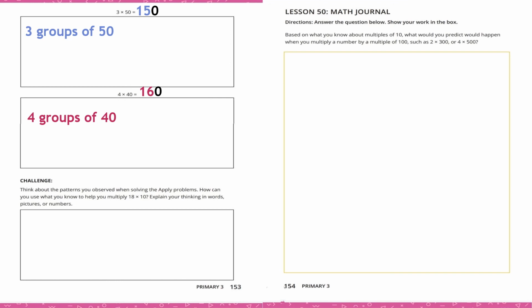We said before, if we have any zeros in factors, I can take zeros out and solve the remaining. 2 times 300, I will take zeros out, and 2 times 3 equals 6. So the total is 600. We drop 2 zeros. Here, 4 times 500, I can take zeros out and drop 2 zeros, and 4 times 5 equals 20.